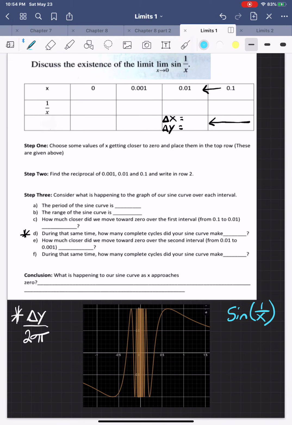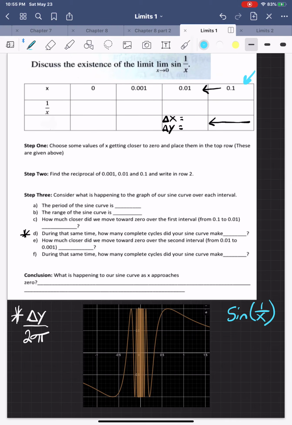I'm just choosing some values for x that are closer to 0. We'll start off at 10 cents, that's close to 0. A penny is even closer to 0. 0.001 is even closer to 0. Now, if you take each of these and plug them in to 1 over x, it would be 1 divided by 0.001, or 1 divided by 0.01.